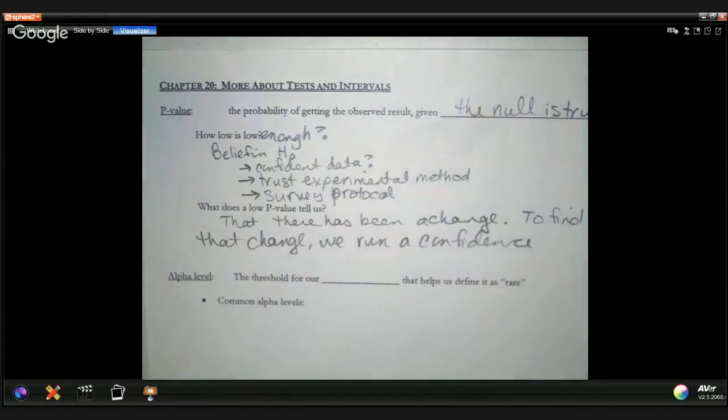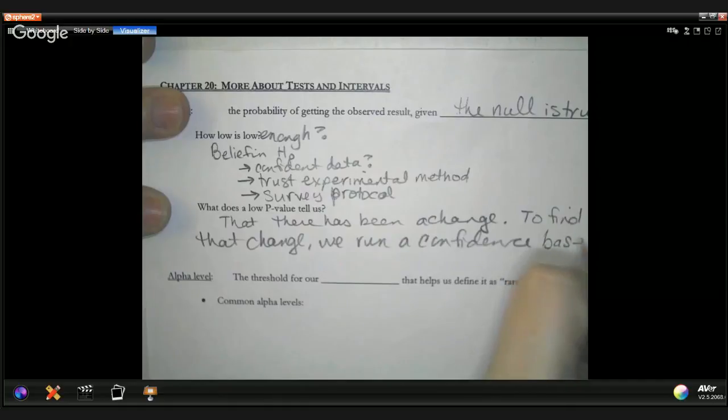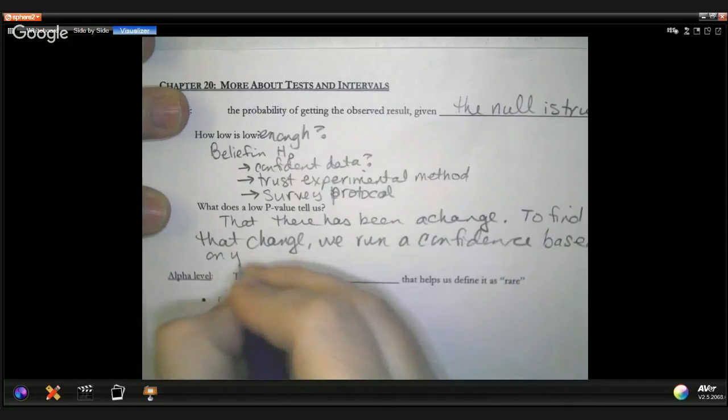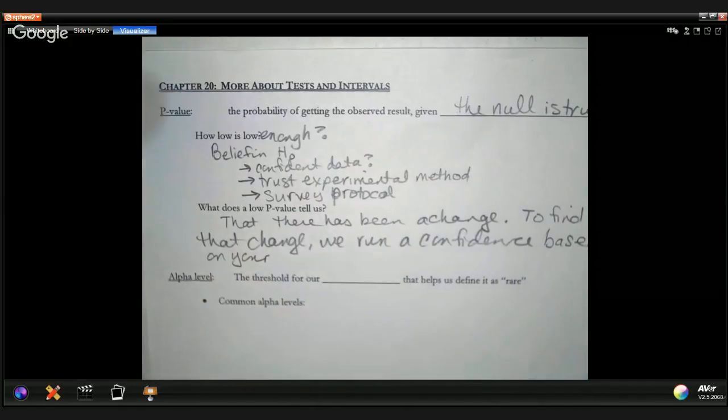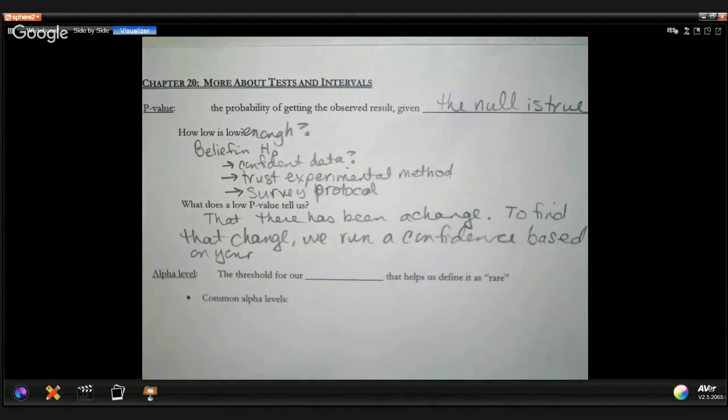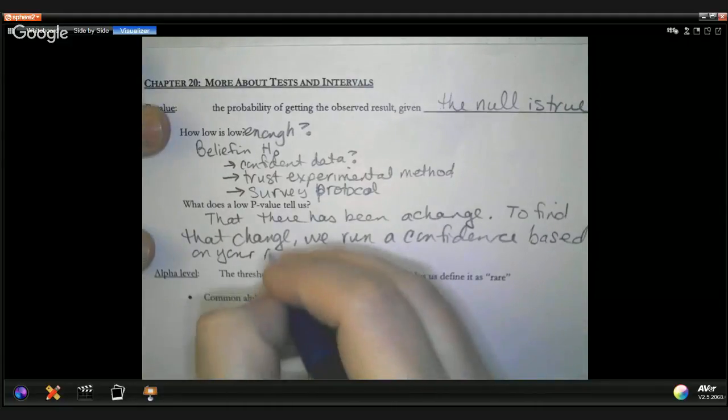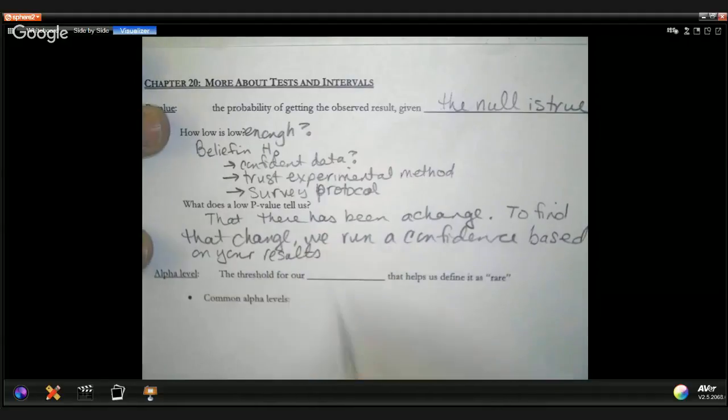You run a confidence interval based on your results, not the original mean that you had for your null hypothesis. Because you reject it because it's a low p-value, to find the change, you're going to run a confidence interval based on the results you had, not the null hypothesis.